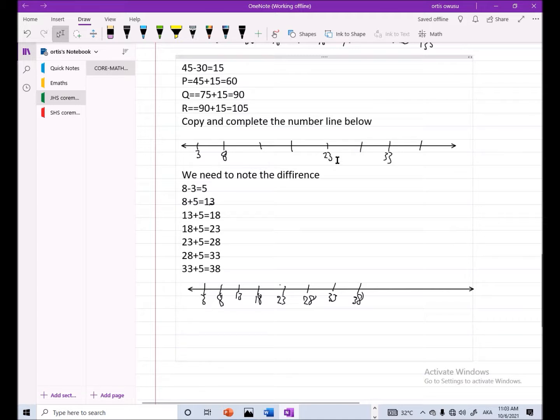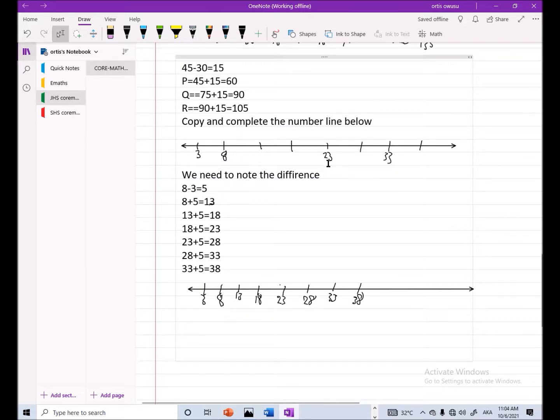So if it's 3 times, now let's see, 23 minus 3 will give you 20, right? Supposing that 3 was given and 8 wasn't given and 23 is given, how do we get the range?